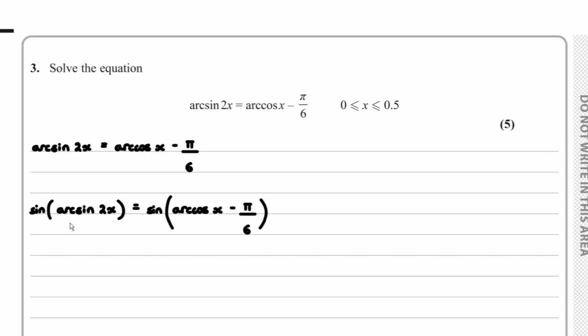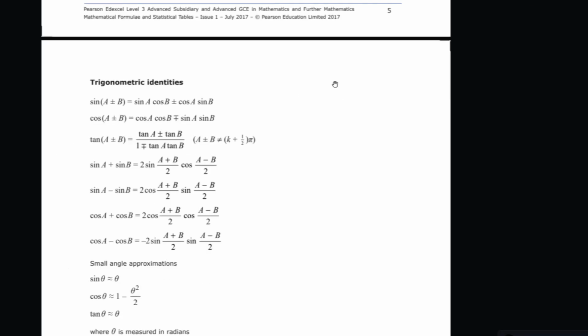Now, the sine of the arc sine of 2x is quite simply 2x. And on the right hand side, we have the sine of the arc cos of x subtract pi over 6. Of course here we can use sine of a subtract b equals sine a cos b subtract cos a sine b.